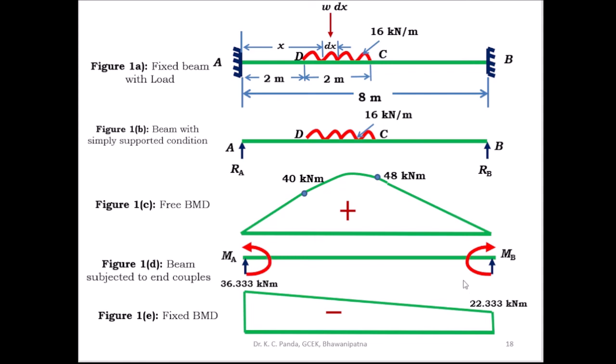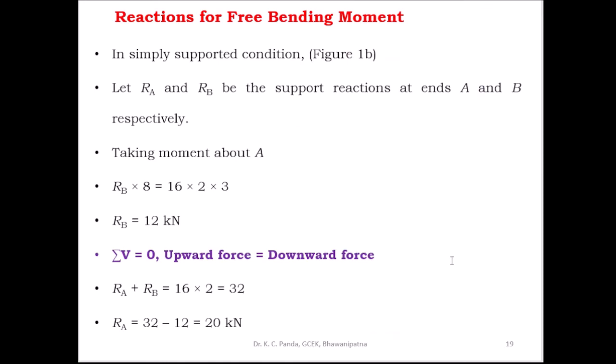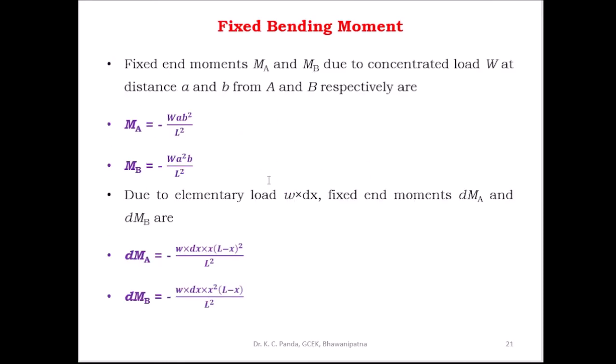Then you have to find out MA and MB, for the fixed bending moment. Fixed end moments MA and MB due to concentrated load W at distances a and b from A and B respectively are given by this formula: MA is equal to minus W a b square by L square, MB is equal to minus W a square b by L square.